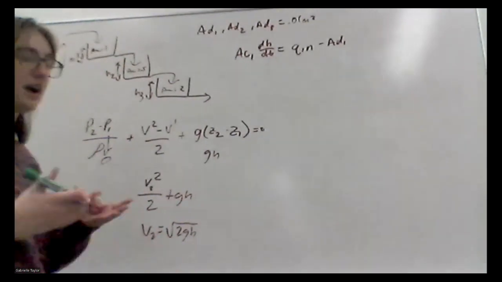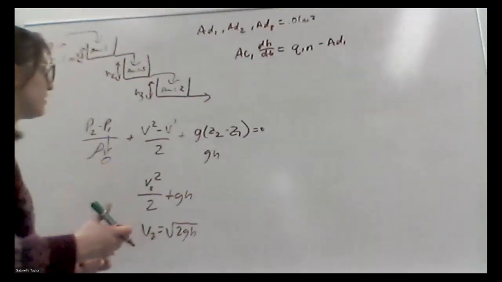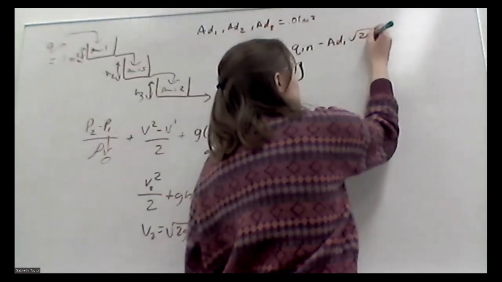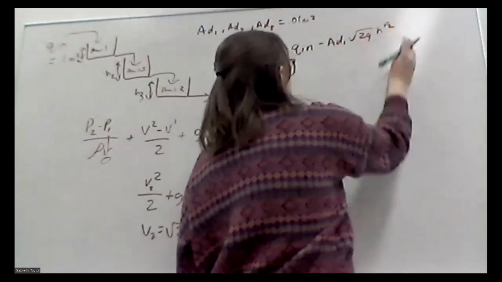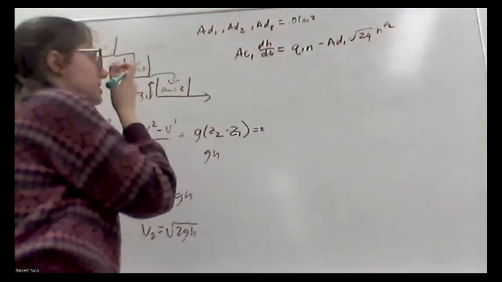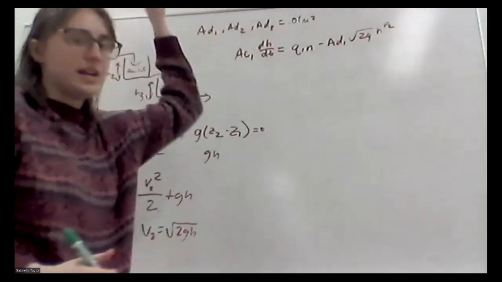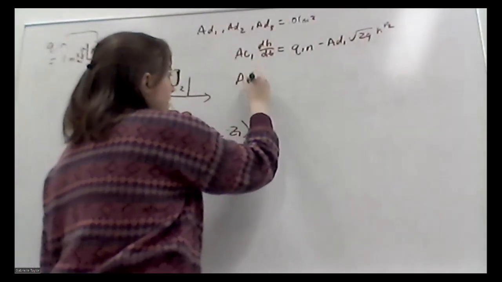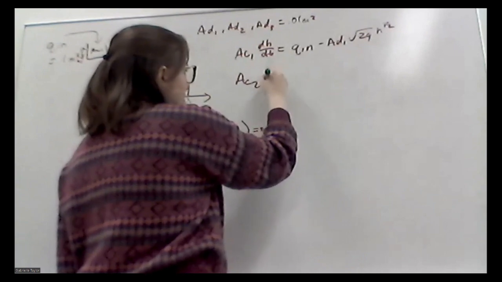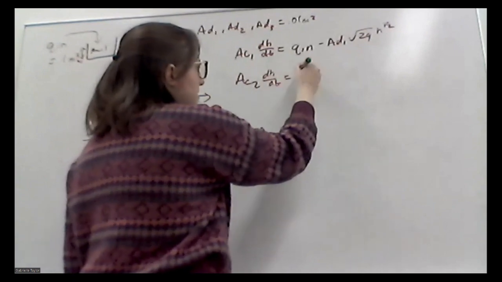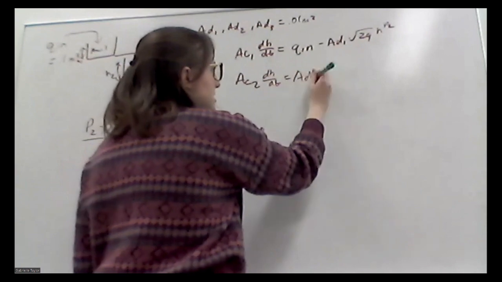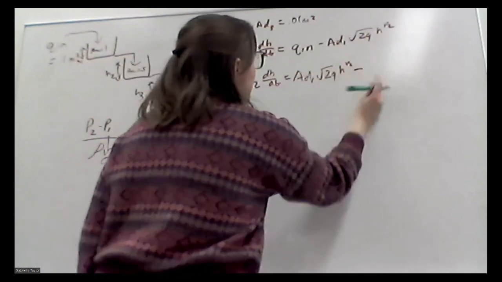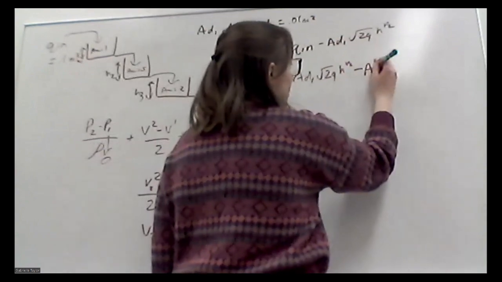If we multiply this by the cross-sectional area of what's leaving our tank, this will tell us the flow. The next thing we know is that as this is draining, it's going into the other tank. To find our second and third, we have the cross-sectional area of the second times dh over dt equal to AD1 square root of 2GH minus the outflow.